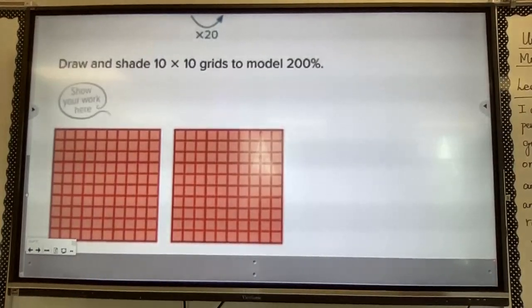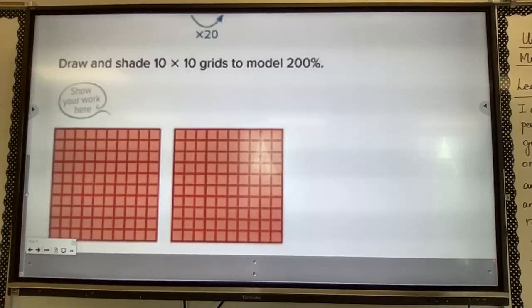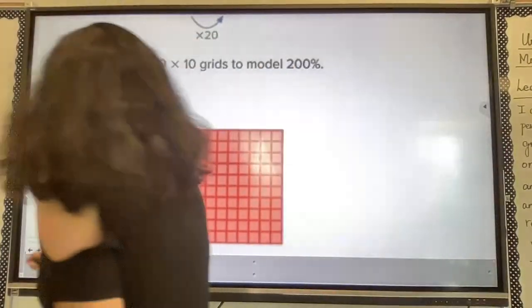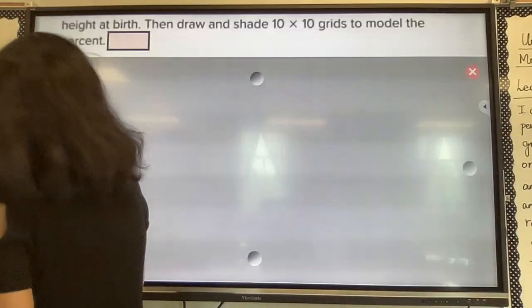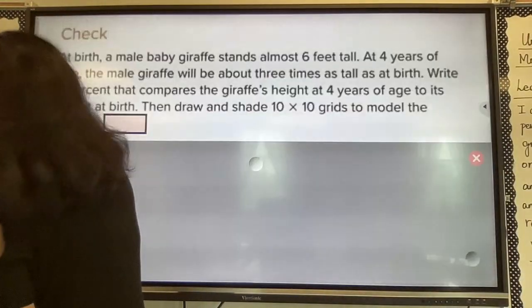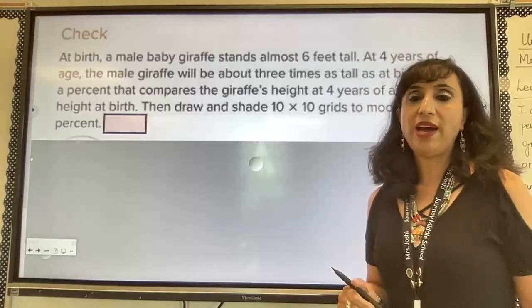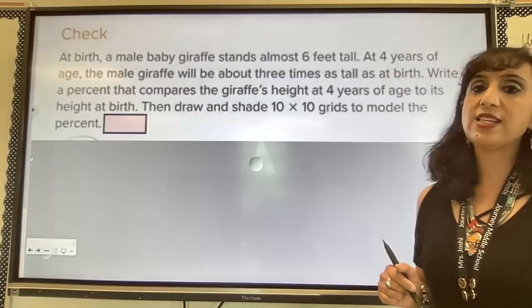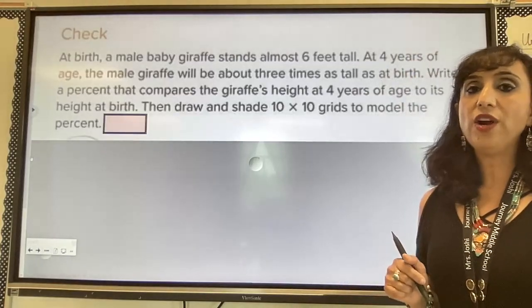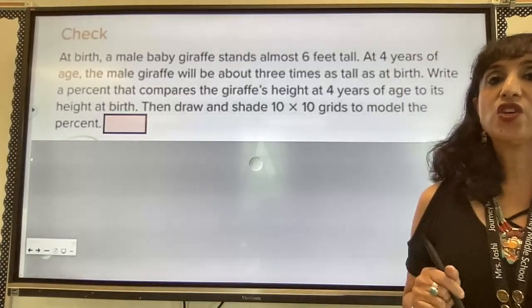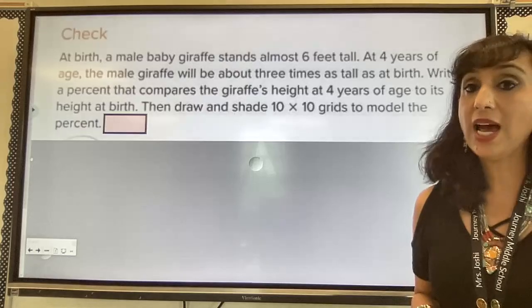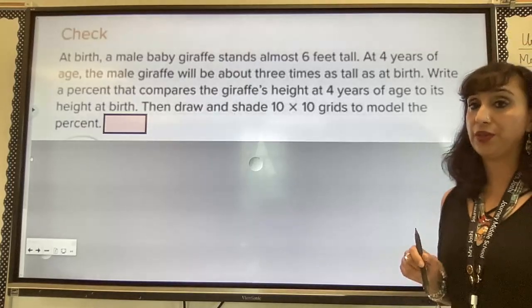All right. So, if I am taking another question, let's look at this one. At birth, a male baby giraffe stands almost 6 feet tall. At 4 years of age, the male giraffe will be about 3 times as tall as at birth.